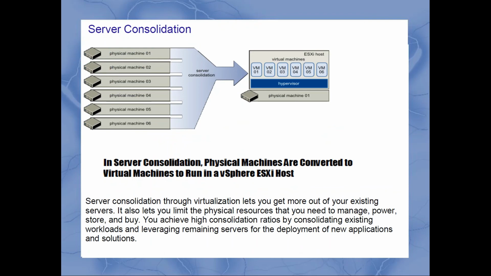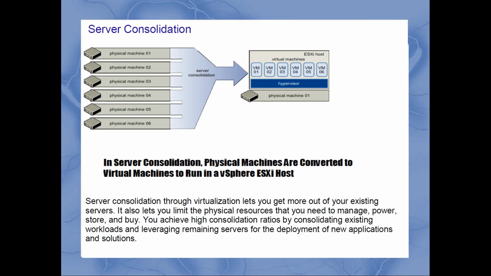When you talk about virtualization, the thing that we really get out of this is server consolidation. So in this picture we see we have physical servers, 6 of them. We virtualize them into VMs and deploy them on a single ESXi host. Now we can look at the savings in terms of cost and administration and management.